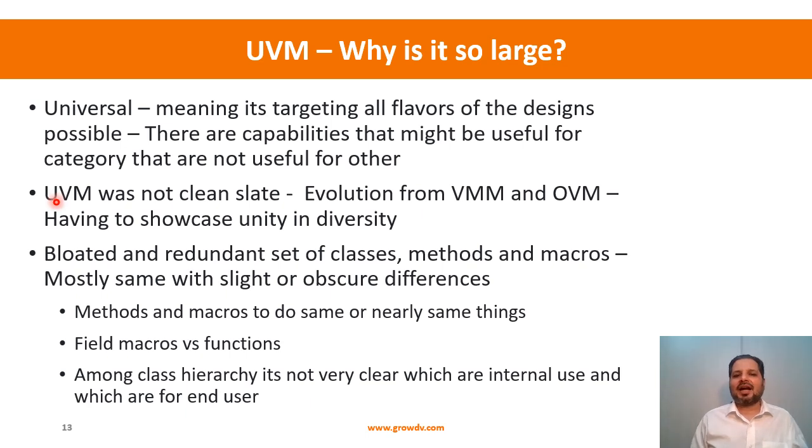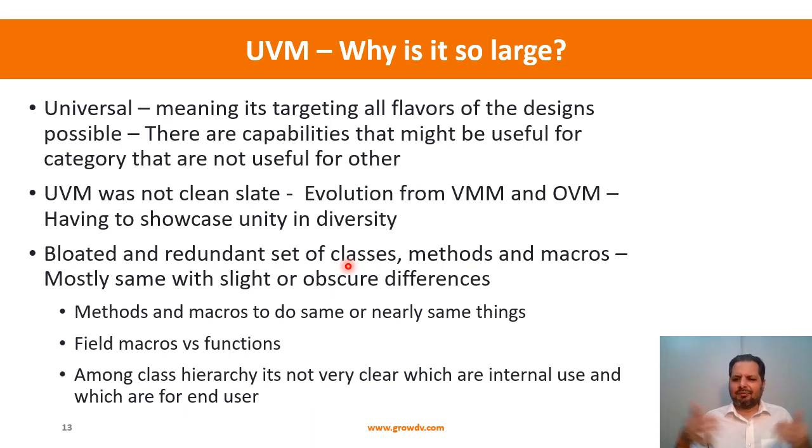Because of that, it has become bloated, and there are some redundant classes, methods, and macros. Mostly some of them are the same, with very slight or very obscure differences that don't much matter to the day-to-day work that we do. So there are many methods and macros that do the same thing or nearly the same thing.